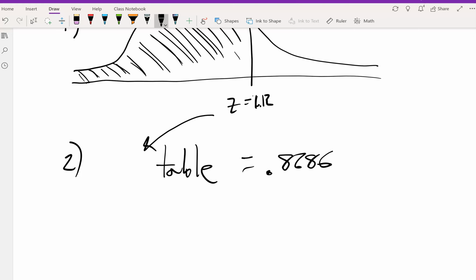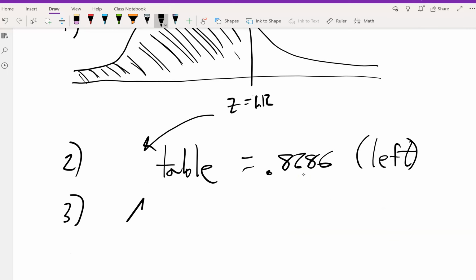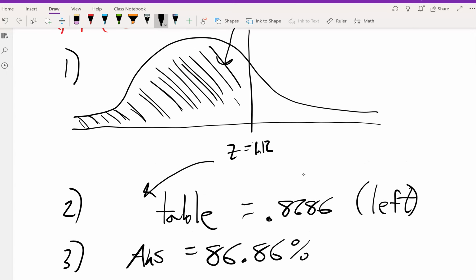Now, what does this number represent? That's why you got to understand your table. The table is always the area to the left. All right? The table is always the area to the left. So step 3 is my pause moment. Step 3 is the, are you sure you want the area to the left? If that is truly what you drew in step 1, then you are done. The answer is 86.86%. That is, this area here would be 86.86% of the picture.